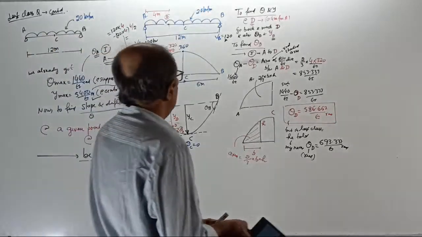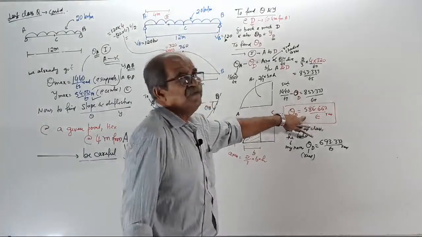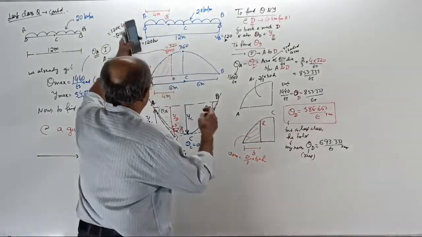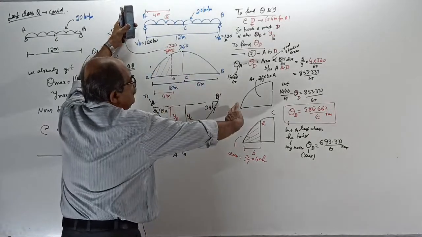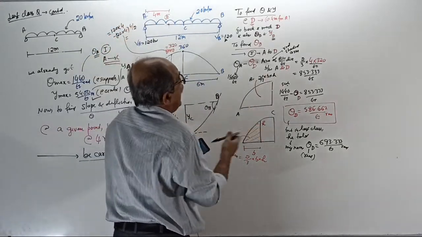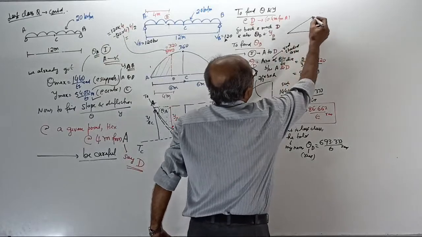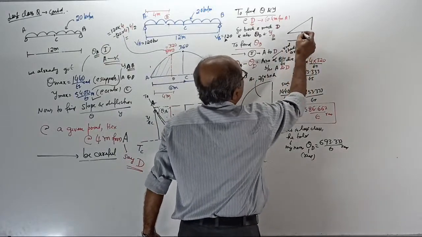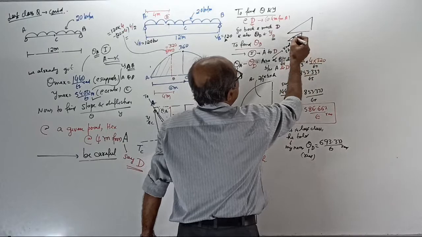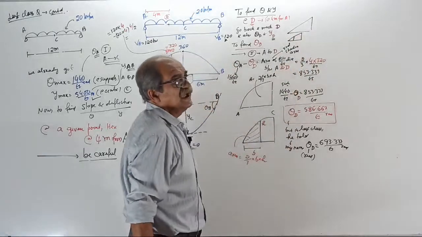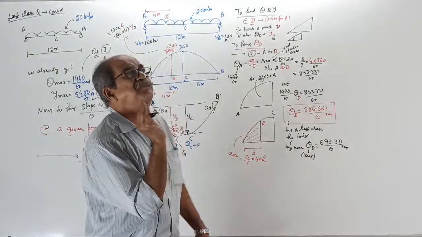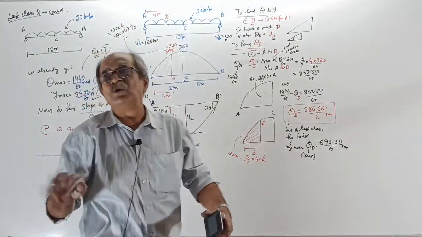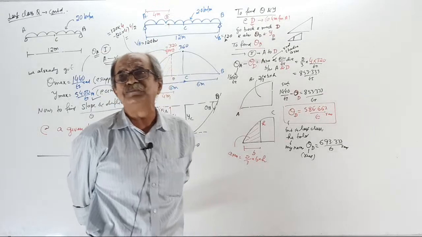Therefore, we got 586.667 by considering this area as 2/3 base into height. The temptation: when this is a triangle, this is half base into height, and if you take this much also, half base into height. So in that spirit, we thought the area of this type of curve, up to wherever you take, is 2/3 of that much base and height.